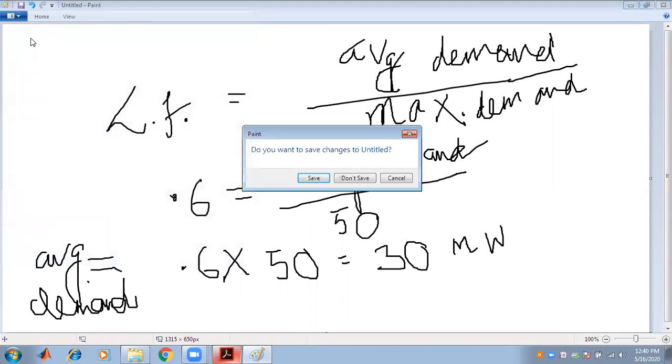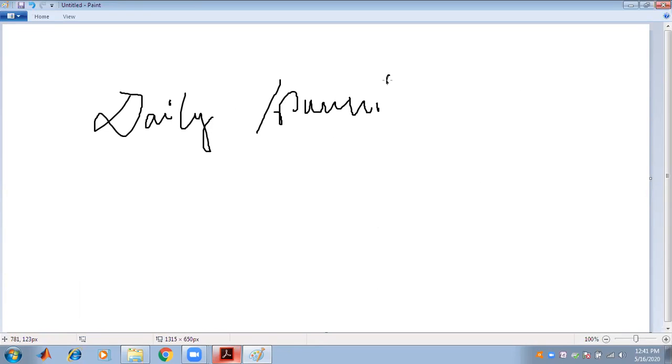Daily or running means it runs throughout the day.